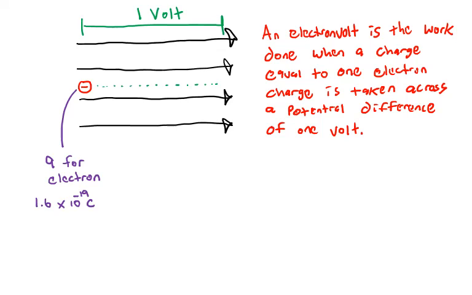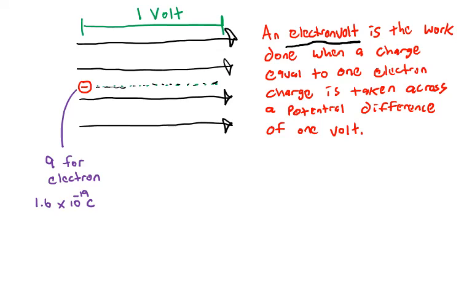So an electron volt, and this is a key term that we're going to use, is the work done when a charge equal to 1 electron is taken across a potential difference of 1 volt. In other words, taking this charge from here to here.